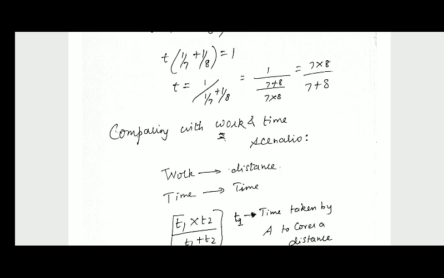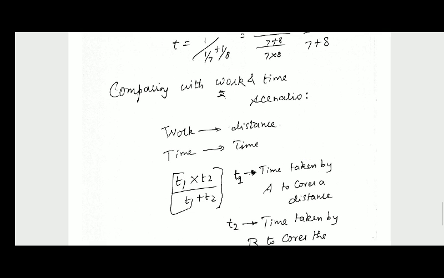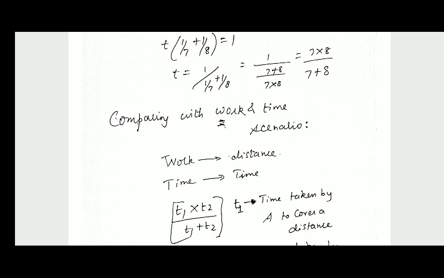So work can be equated to distance, and time can be considered equivalent to time itself. So compared to the previous scenario, see here the 500 kilometers is being covered by both of them together. It's a combined effort to cover the 500 kilometers. So it's almost akin to completing a particular work by the combined effort.